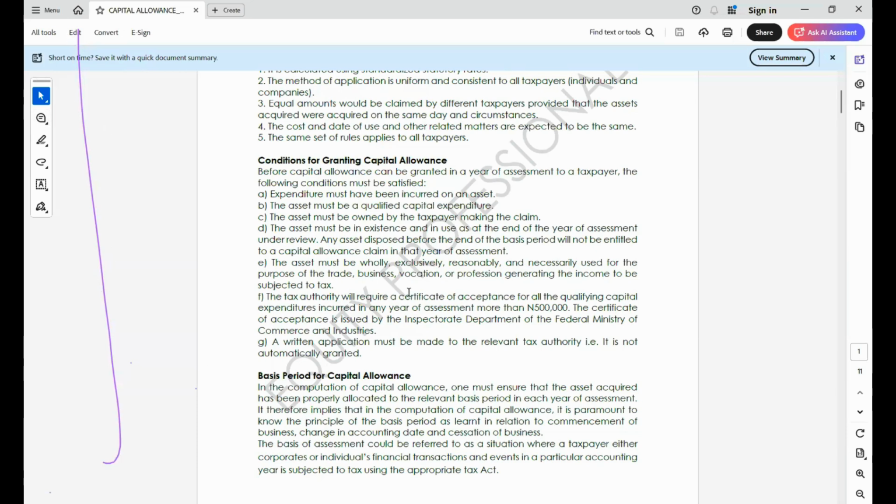So those are expenditures that qualify for capital allowance. They call those expenditures QCE. Any expenditure that is going to attract capital allowance must be a qualifying capital expenditure, because not all expenditure will be qualifying capital expenditure.